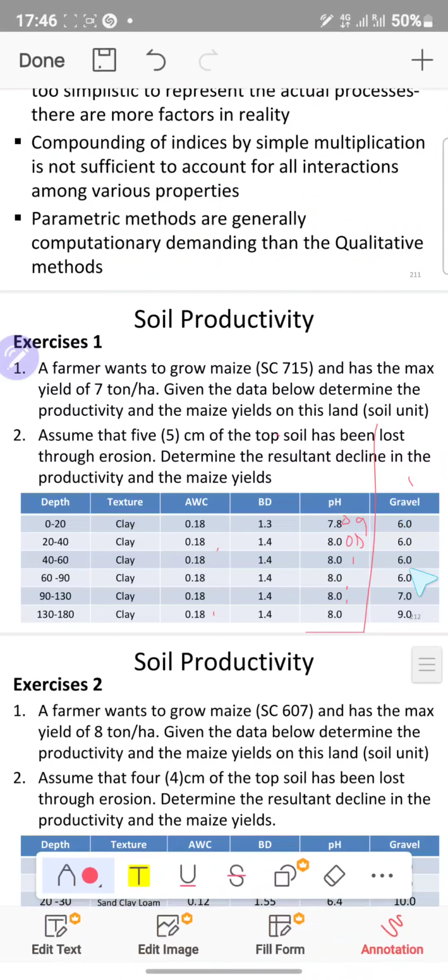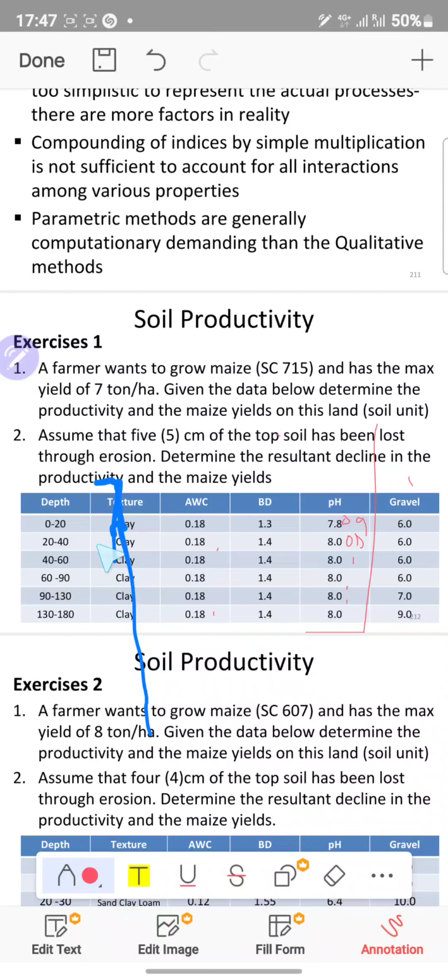You multiply, and then add them over. Now I know the confusion, that's why I didn't pay much attention to explaining how you can find the productivity index, because we just did that above. The confusion is where you assume that 5 centimeters of the topsoil has been lost. This one is also simple. I guess you can try it out, but let's say this is the soil, and you have 0 here.